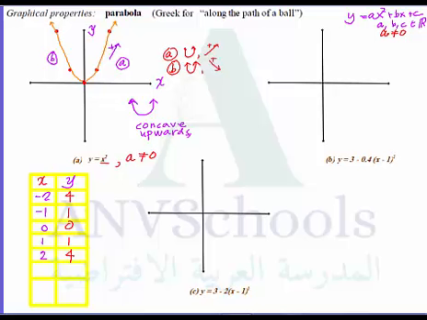So you can see that this equation here, let's create a boundary here, y equals 3 minus 0.4 times (x minus 1) squared.